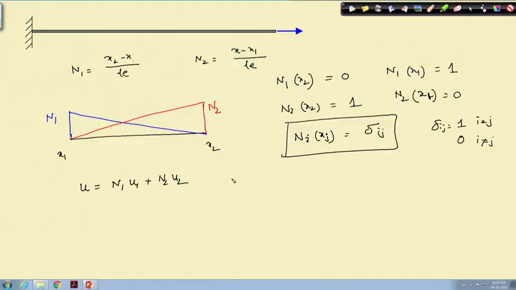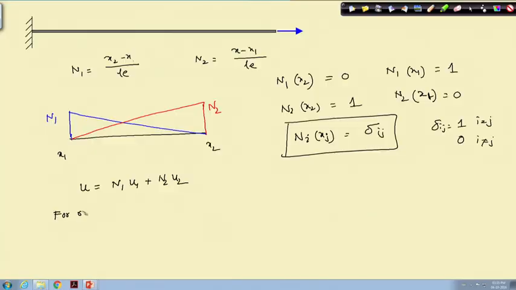Throughout this length, the displacement is constant. So, u1 will be equal to u2 because the entire thing is moving as a whole, as a rigid body. Now, if u1 is equal to u2, what will be u at any intermediate point? This will be the same as u1 and u2.